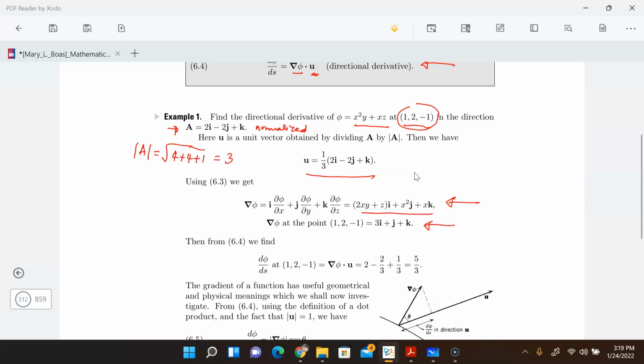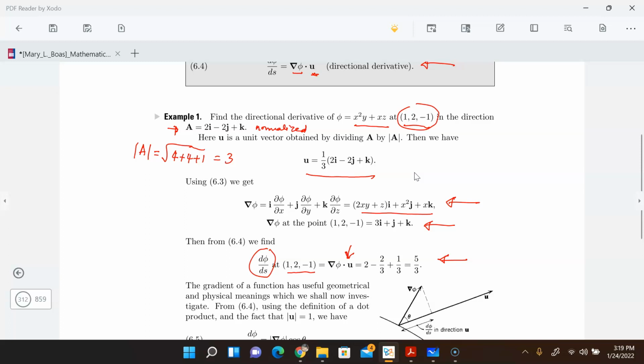Now you dot product this with your direction, and that will give you the directional derivative of phi at the point (1, 2, minus 1) in the direction of u.